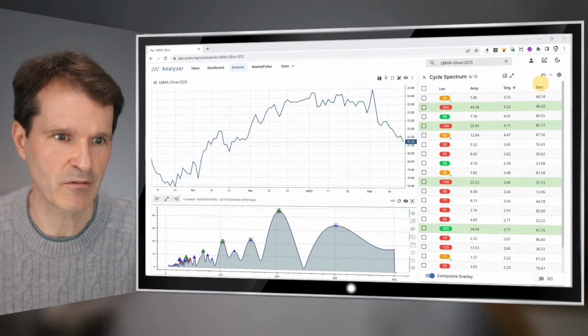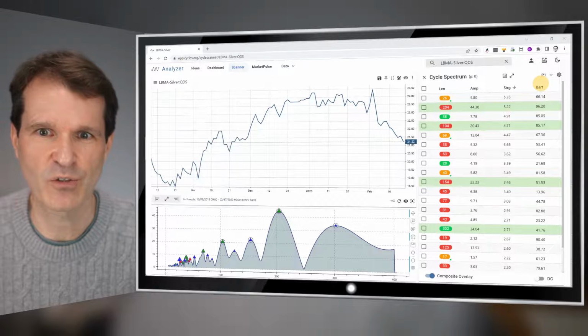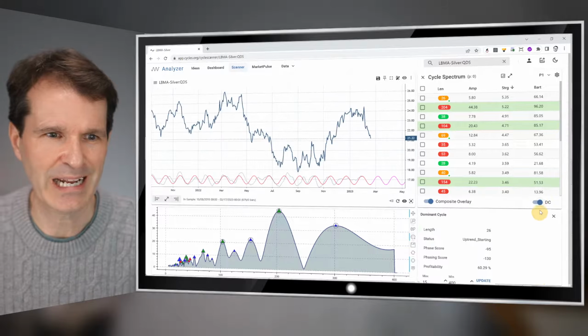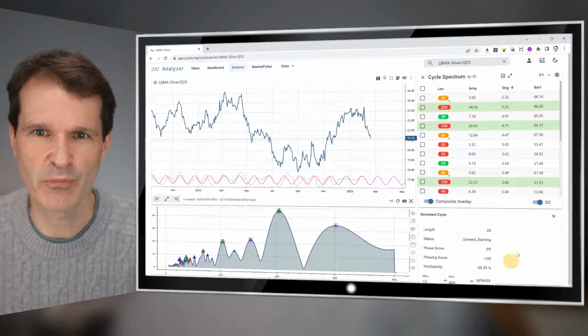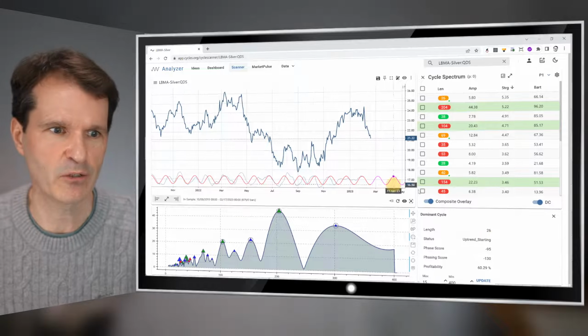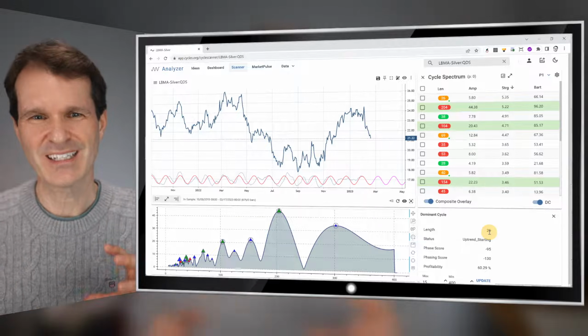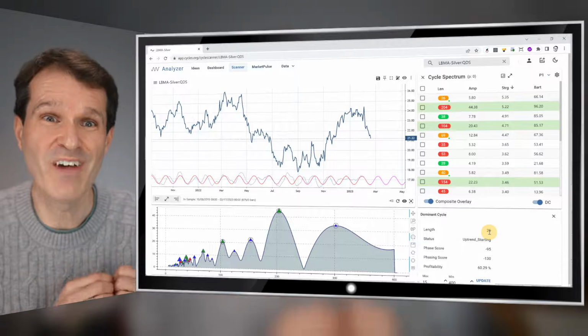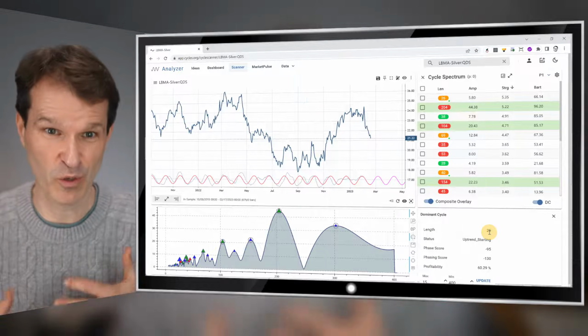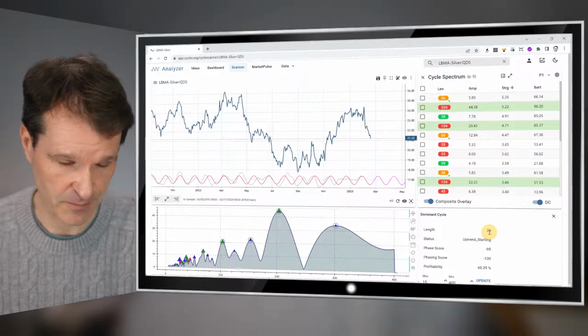The previous algorithm is not updated yet, so you have the option to activate the dominant cycle by clicking at DC. This will bring up the dominant cycle window and will also plot the dominant cycle here automatically. But this is still based on a very simplified rule set. Just 1 out of the 6 rules was used to identify this dominant cycle.